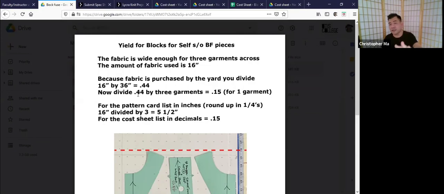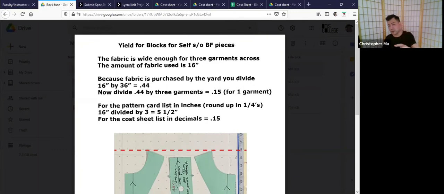Now you divide 0.44 by 3 garments, right? Then each garment, in costing purpose, only takes 0.15. Remember I said 0.15. It's so little, you can't even cut it. But that's how we do it in costing. You may not be able to actually use it to cut, but that's how we do it in costing.